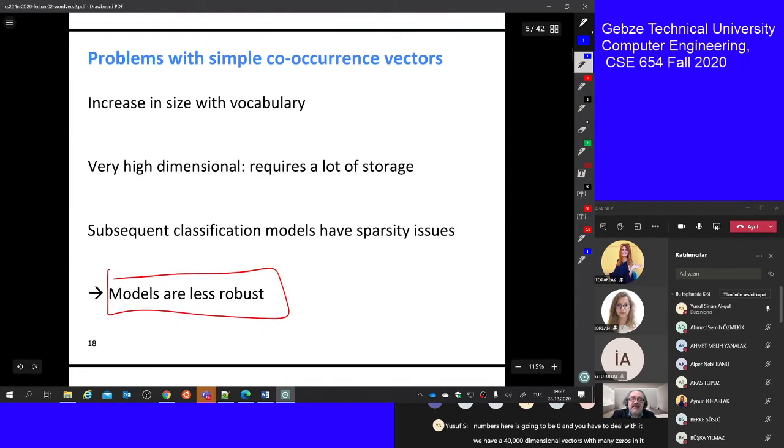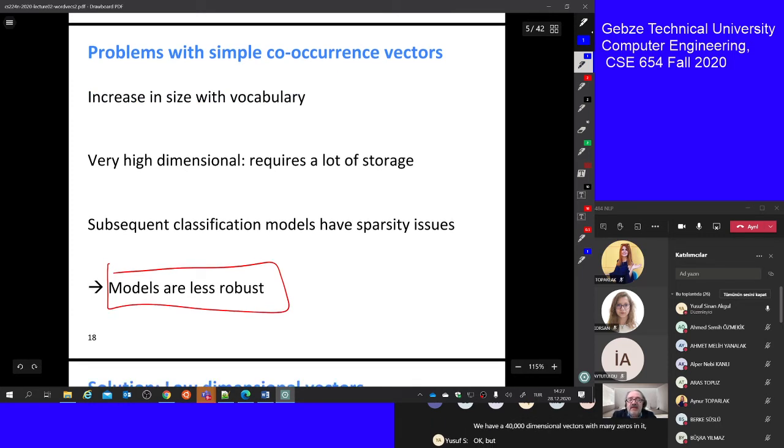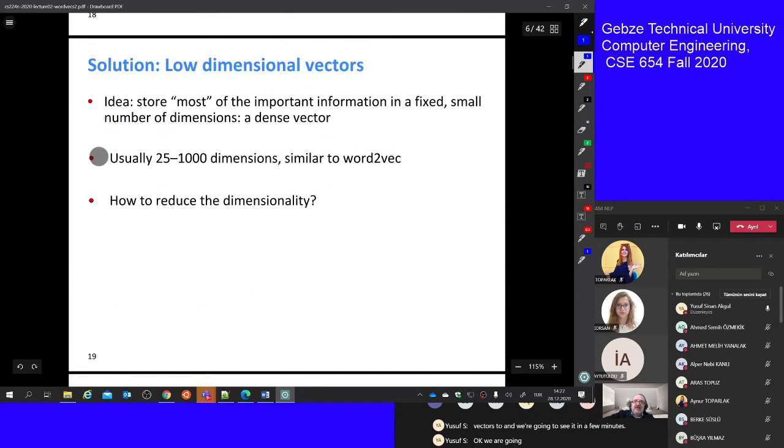Okay, but there are some good properties about co-occurrence vectors too, and we are going to see them in a few minutes. So to solve these problems, what do they do? Most of the problems are about the high dimensionality of the vectors.